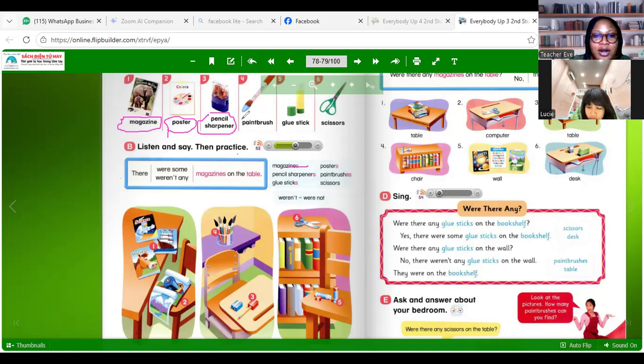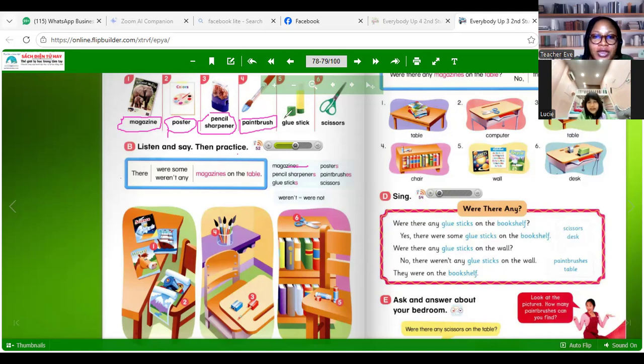Okay, then number 4. Paintbrush. Paintbrush. Paint. Paintbrush. Good. Paintbrush. They use it to paint or draw something.